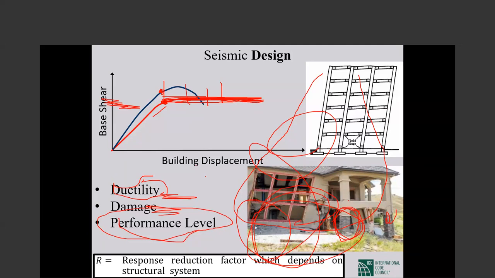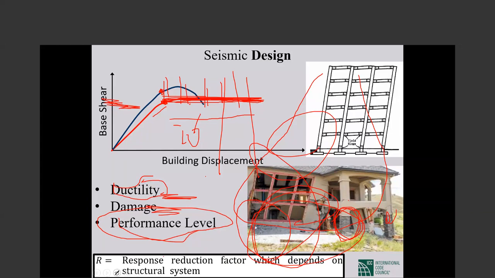So performance levels, which we will see later, are different levels of damage: here becomes IO, here becomes LS, here becomes CP. So ductility, damage, and performance level are directly connected and say the same concept.